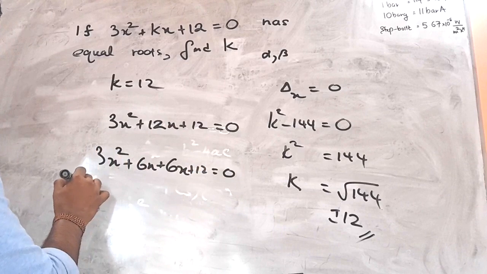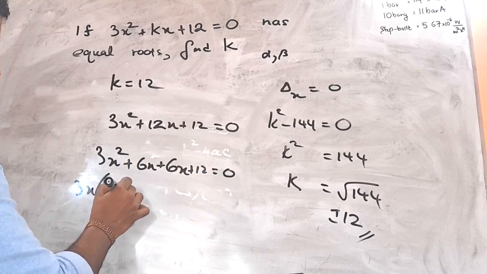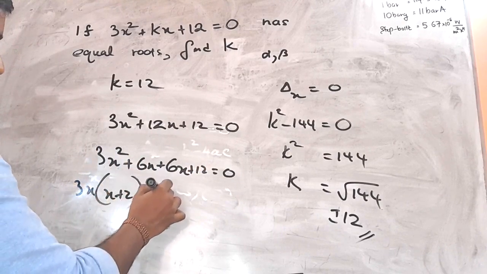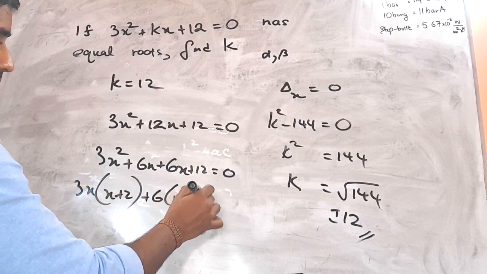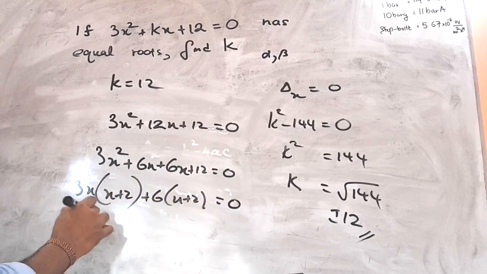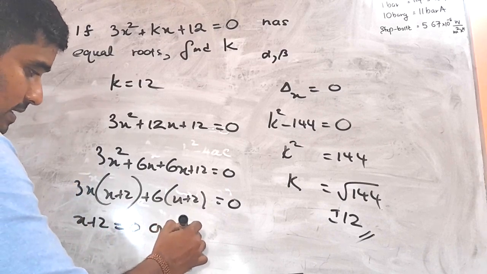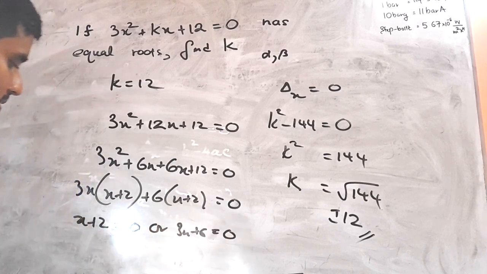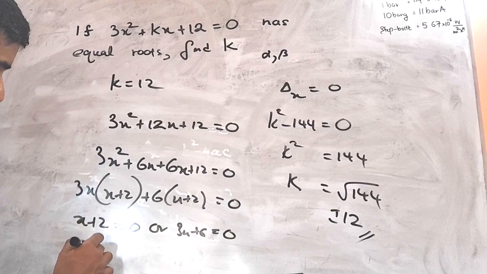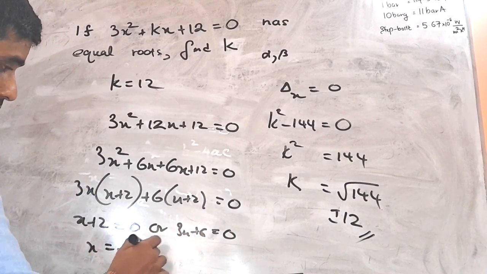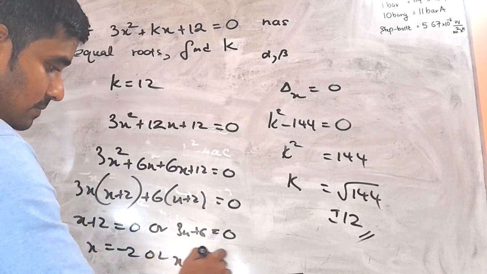Then 3x times (x plus 2) plus 6 times (x plus 2) equals 0. So x plus 2 equals 0, or 3x plus 6 equals 0. If you solve this, you will get x equals minus 2 or x equals minus 2.